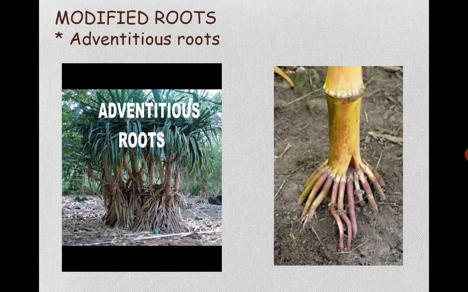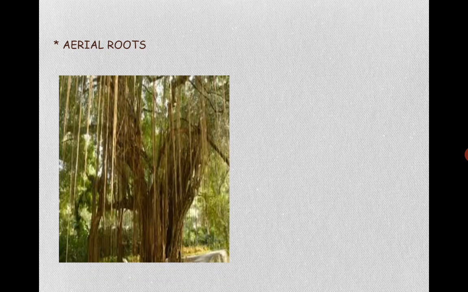These roots of plants are known as adventitious roots. There are many types of adventitious roots, like aerial roots. Aerial roots grow above the soil on the branches and keep hanging from the branches of the tree.